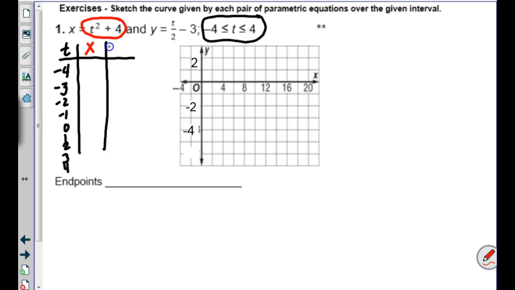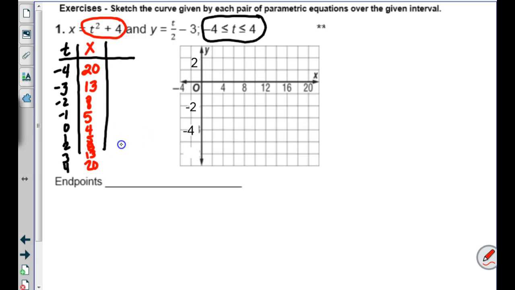Right. So let me see if I can do this real fast. 16 plus 4 would be 20. 9 plus 4 would be 13. 8, 5, 4, 5, 4 plus, yes, and 13 and 20.